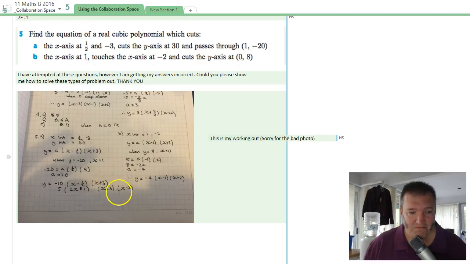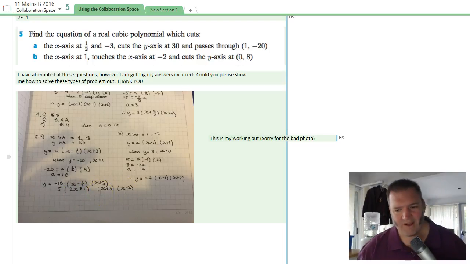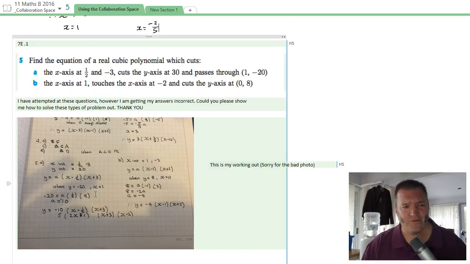So that you would hope that would be correct. I don't know, it looks like you're working out all right there. What we're missing though is you've got another x term missing from here, because this says it is a real cubic polynomial, and what we have there is not a cubic, but then suddenly it becomes a cubic down here. Maybe that's just comparing it to what the answer should be. Let's have a look at how I do that, and hopefully that'll make it clear and we'll be all good.